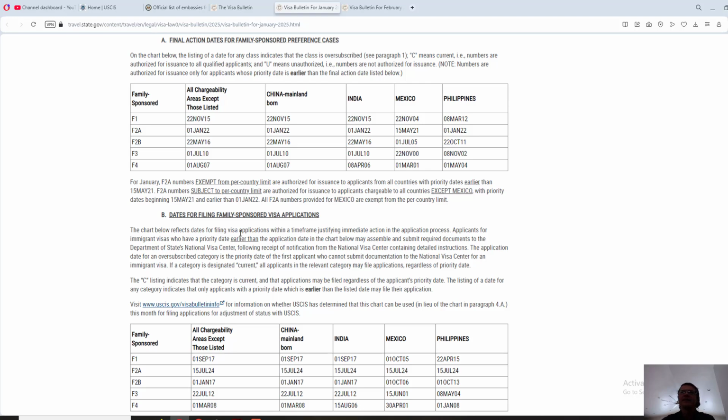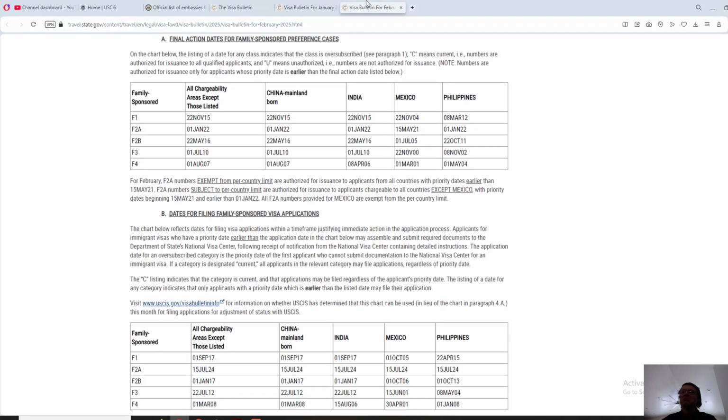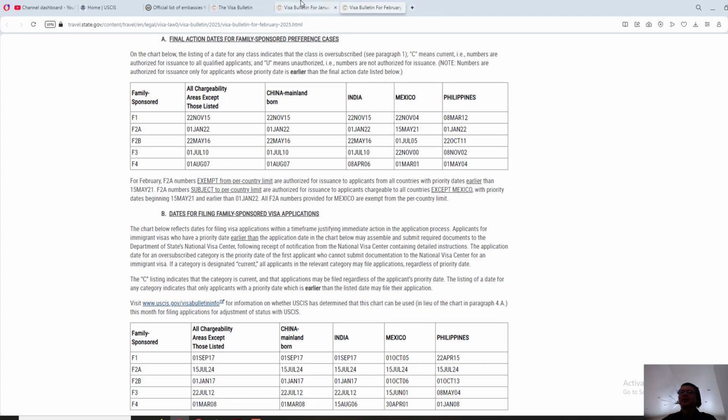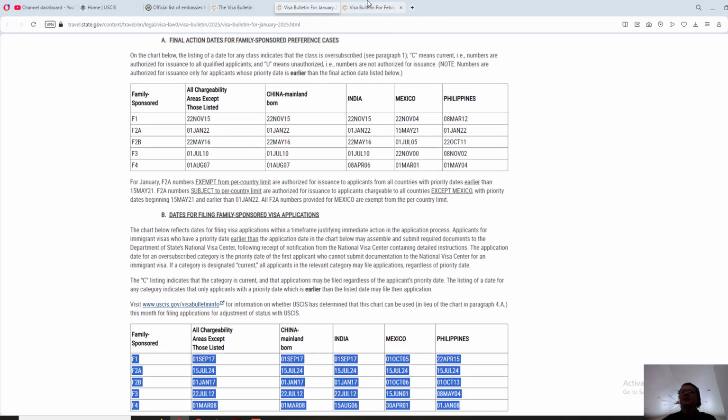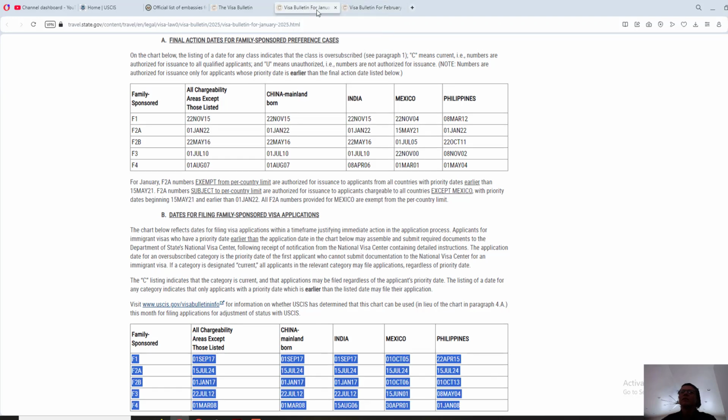And looks like the graph B, I don't see any movement at the graph B either. Let's see. Wow, no movement at all. That's terrible. So September 17, September 17, September 17, Mexico, Philippines, F2A, Mexico, Philippines, no movement.